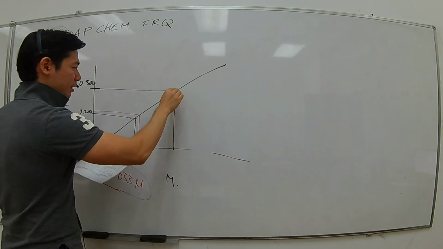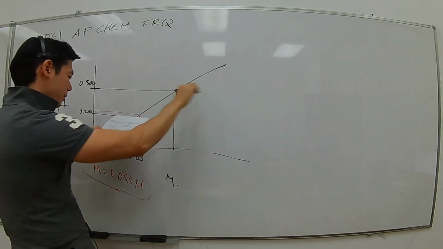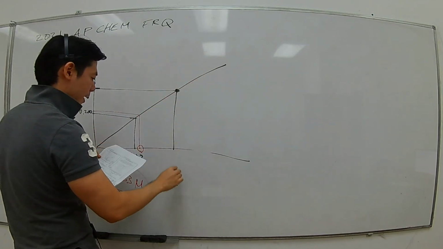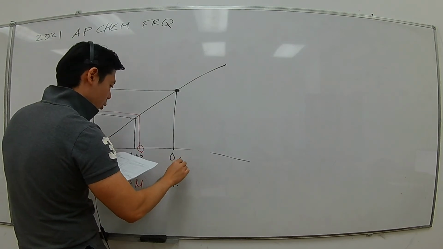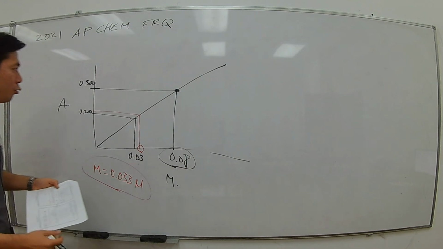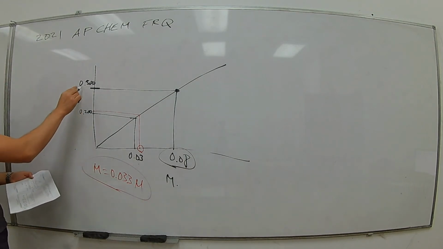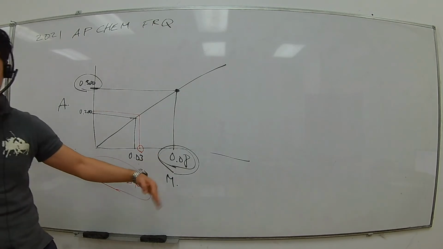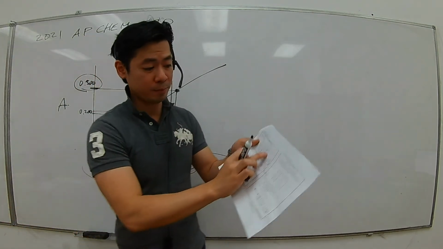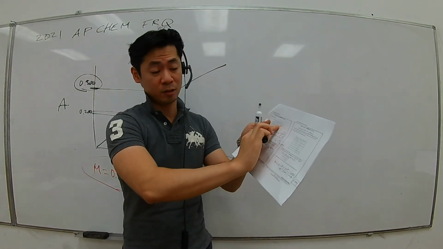It seems to be right on the corner of the box, with a concentration of about 0.08. Meaning absorbency is 0.5 and the concentration is 0.08. That's the best box where the line crosses.